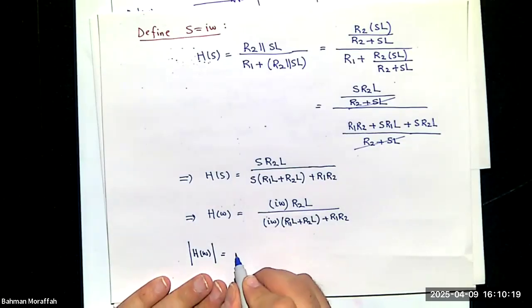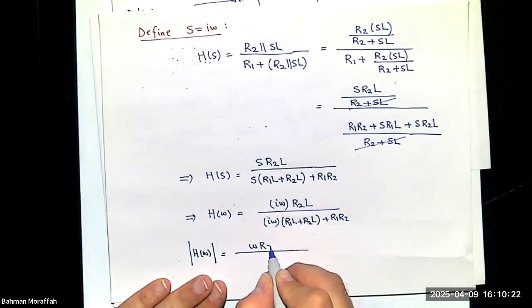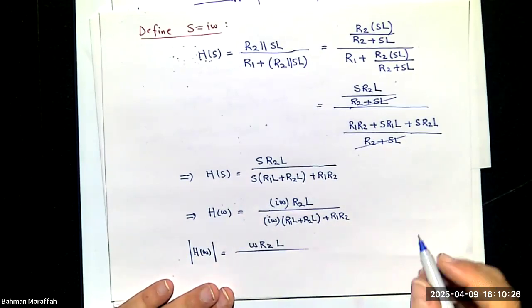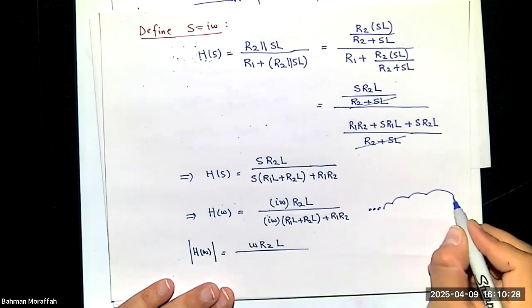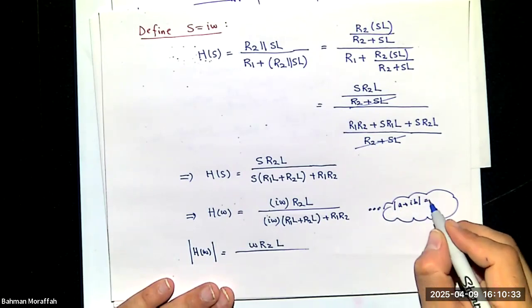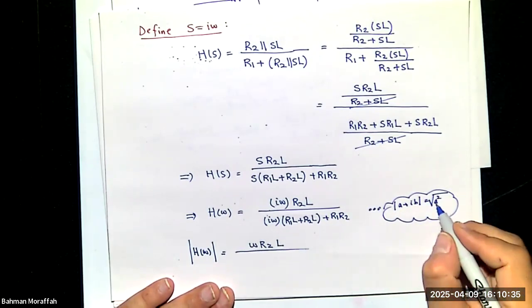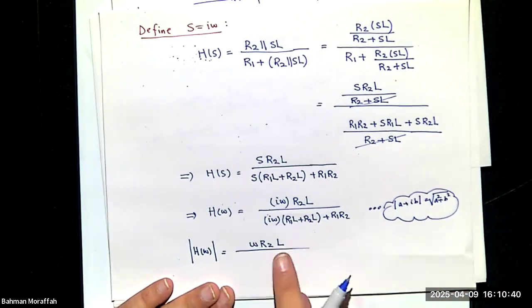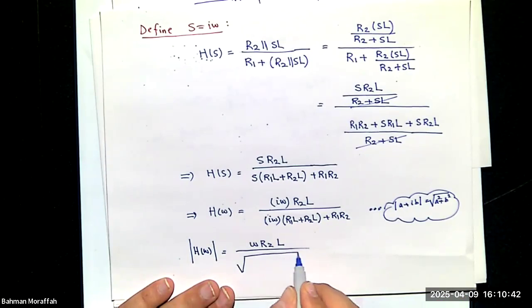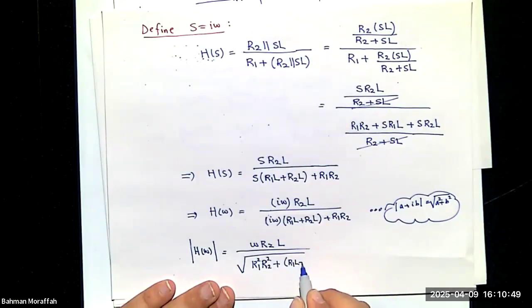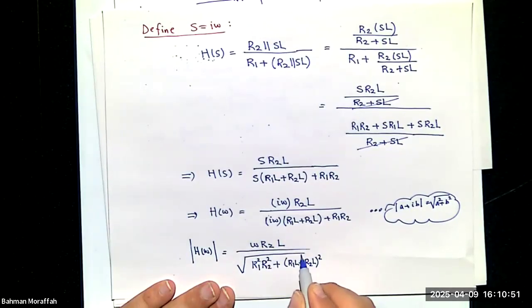So it is omega R2 L. Again, this is a complex number. If I have A plus iB, the magnitude of this is the square root of the real part squared plus the imaginary part squared. So I have the square root of R1 squared R2 squared plus (R1 L plus R2 L) the whole thing.